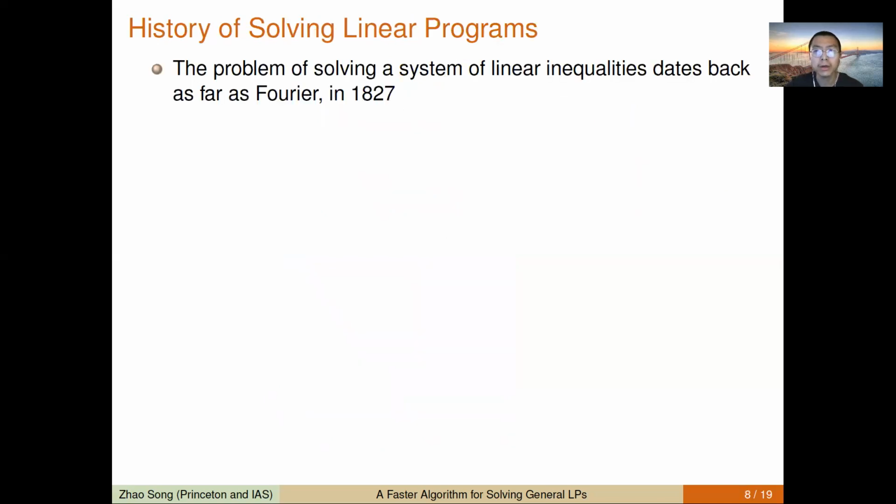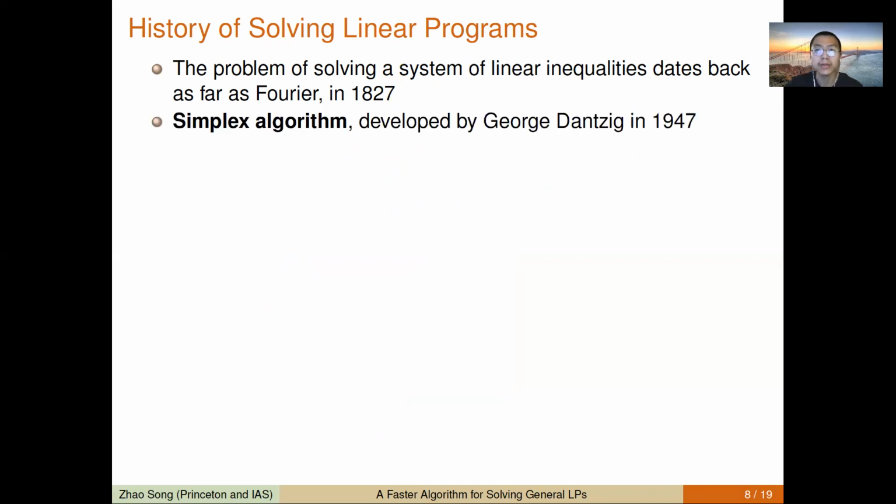Solving linear programs has a very, very long history. Almost 200 years ago, people already studied solving linear inequalities. The very first algorithm for solving linear programs is called the simplex algorithm, developed by Dantzig in 1947 during the Second World War.